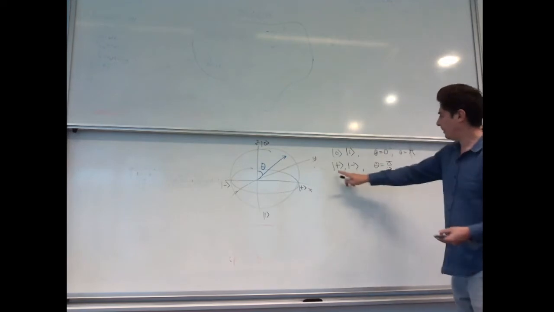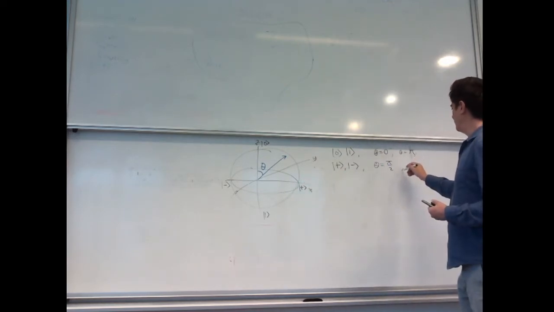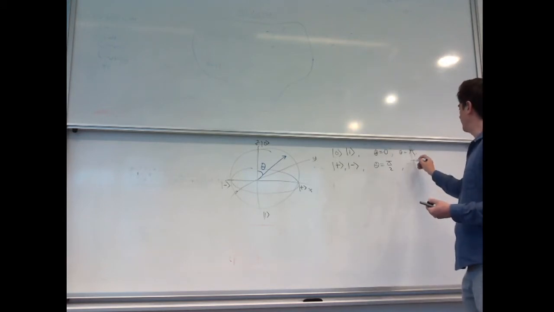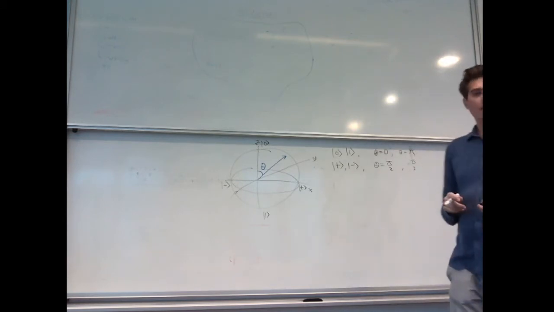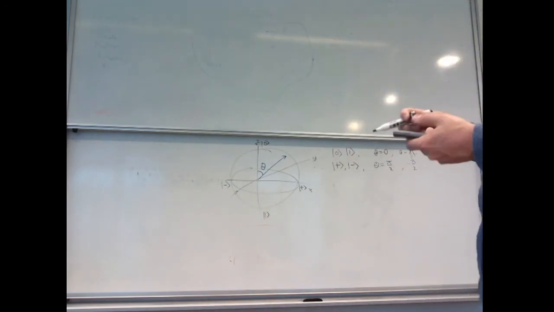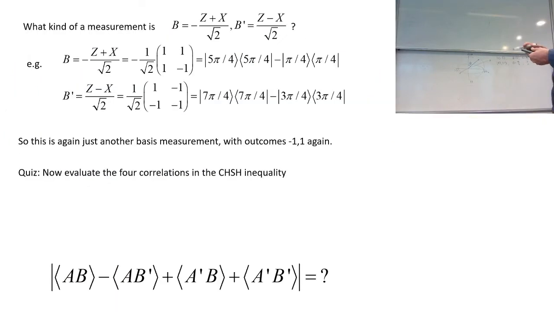So the plus state is the angle pi over 2, and the minus state you could do as 3 pi over 2 or minus pi over 2. And these two measurements on B are just some angles in between those two.